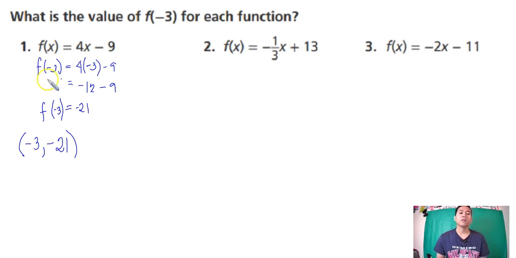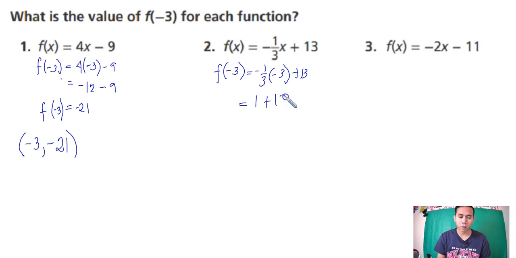Next, number 2. The same value of x, and then the function will be negative 1/3 x plus 13. Again, we have to put the value of x there. So negative 1/3 times negative 3 plus 13. What we will do here is f(-3) is positive 1 plus 13.